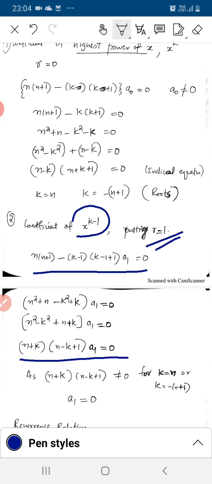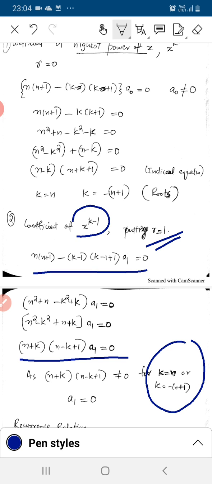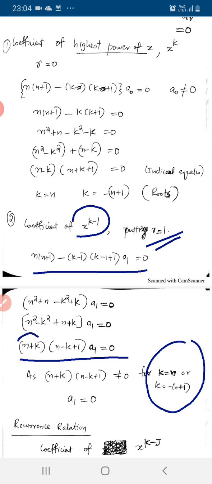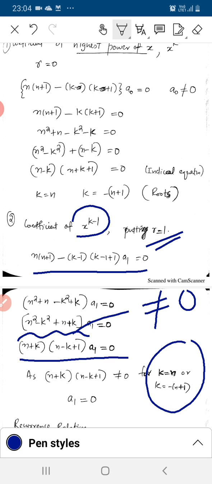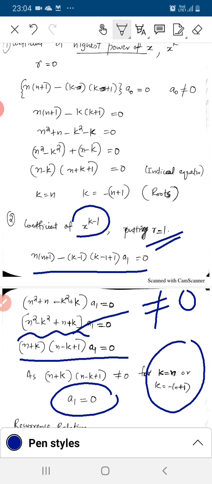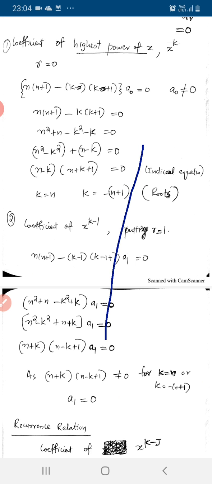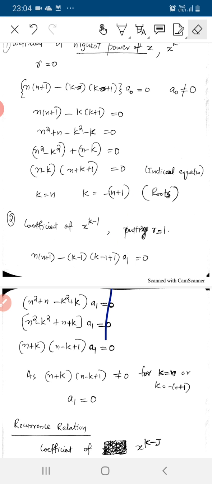When k is n or k is minus (n plus 1), the roots, this part cannot be 0. This part is not equal to 0. So a1 must be 0. So we get a1 equal to 0.